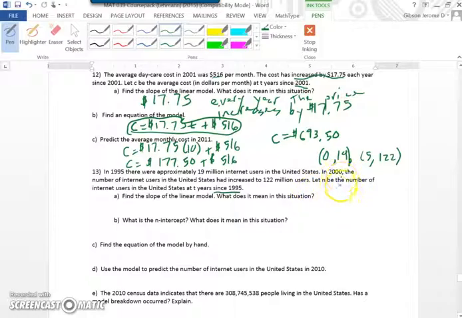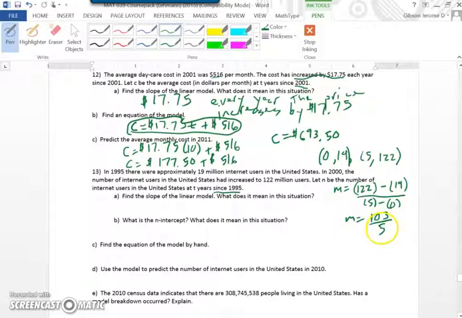We will have the slope is equal to y sub 2, which is 122, minus y sub 1, which is 19, all over x sub 2, which is 5, minus x sub 1, which is 0. So 122 minus 19 will give 103, and 5 minus 0 is 5. So your slope here is 103 over 5.